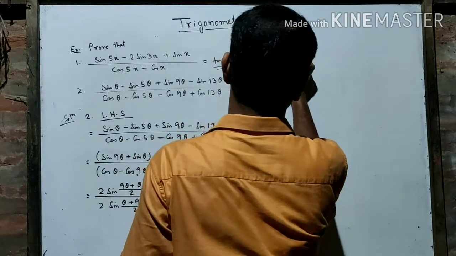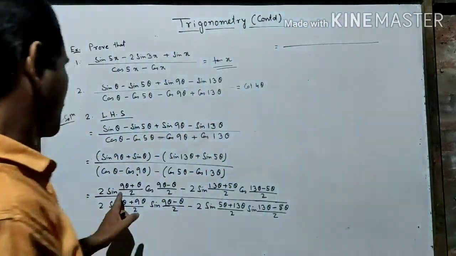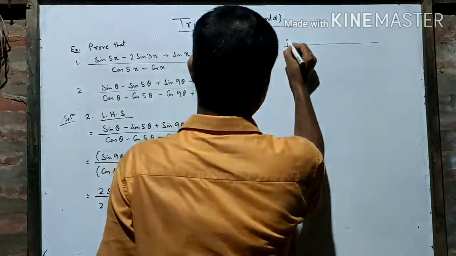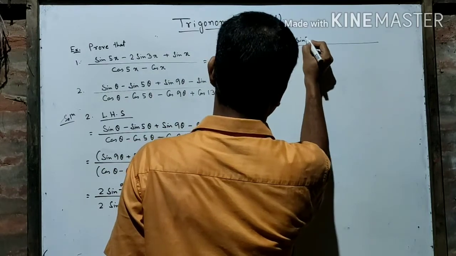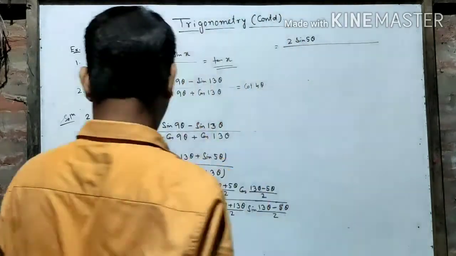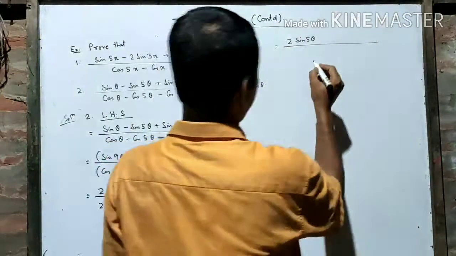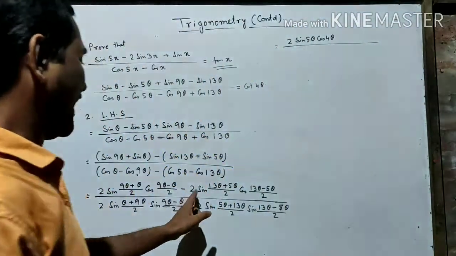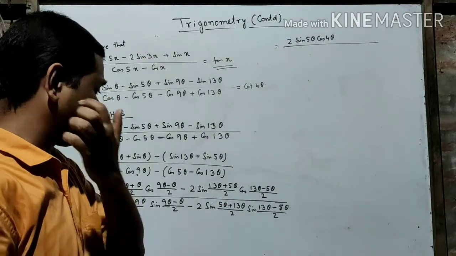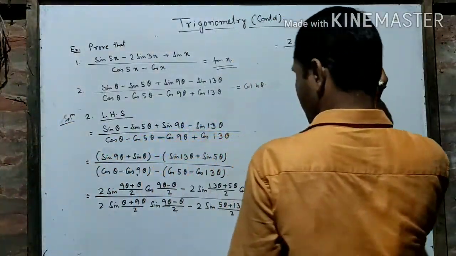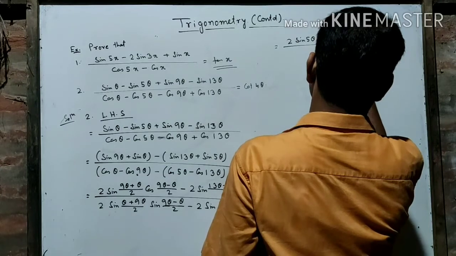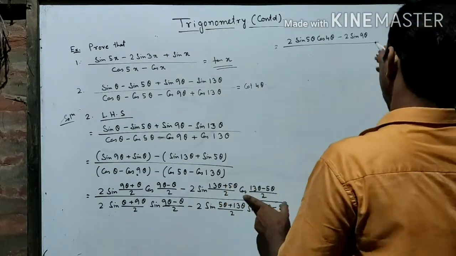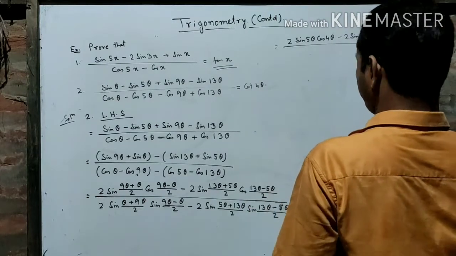Okay, so what is it? Let us continue here. 2 sin 9 theta plus theta by 2, that is 10 theta by 2, that is 5 theta. So 2 sin 5 theta into cos 4 theta minus 2 sin 13 theta plus 5 theta is 18 theta divided by 2 is 9 theta, minus 2 sin 9 theta into cos 4 theta.